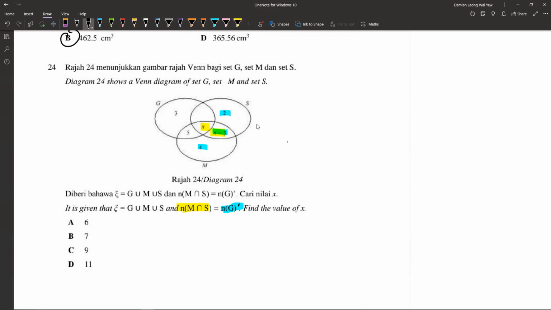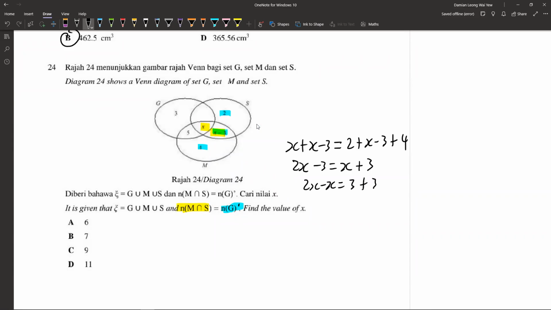So x plus x minus 3 equals 2 plus x minus 3 plus 4. 2x minus 3 is x, combine this, bring over the plus 3, bring over the x. 2x minus x is 3 plus 3.